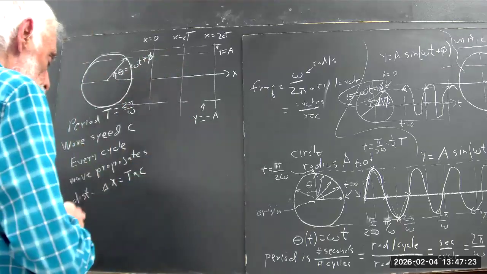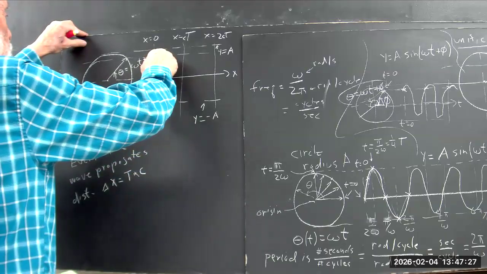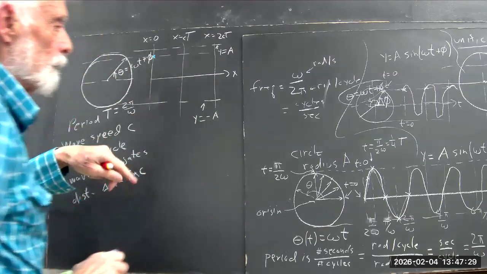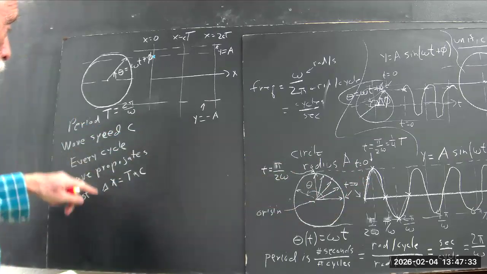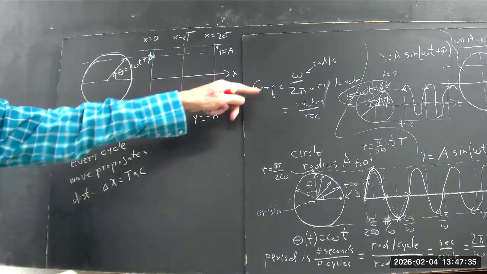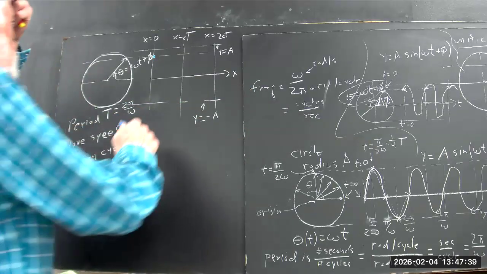But instead of labeling in terms of time, we can label in terms of position x, just knowing the speed of propagation.